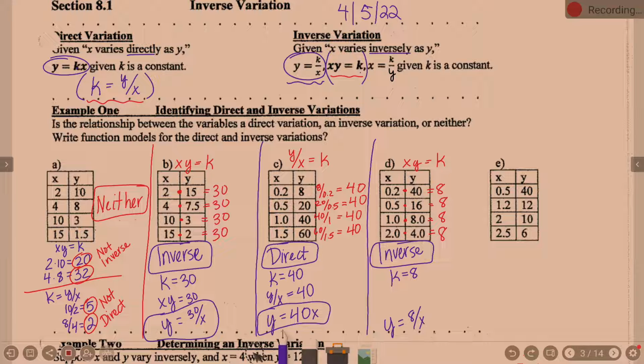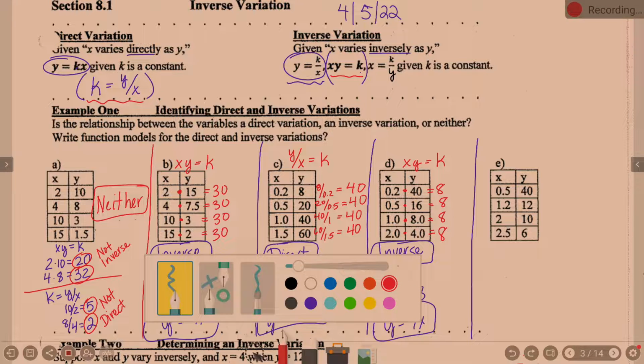Inverse variation is y equals k divided by x, so y equals 8 divided by x. If you use this form up here of how did we get 8, it was always x times y, right? So x times y equals 8. Okay.